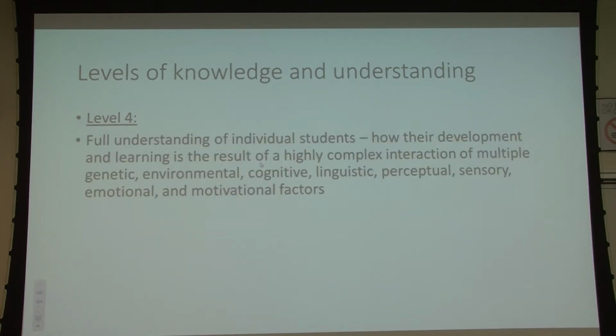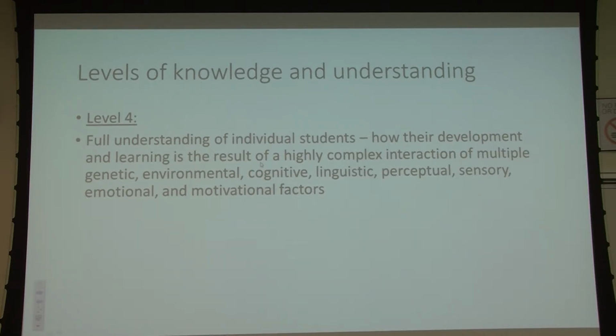Level 4, a full understanding of individual students, how their development and learning is a result of a highly complex interaction of multiple factors. And I think we've talked about that a lot, how it's these multiple factors. Dyslexia exists along multiple dimensions, as I always say. So it's very complex. We can't just take one thing out at a time. It's this interwoven mesh of skills, okay?